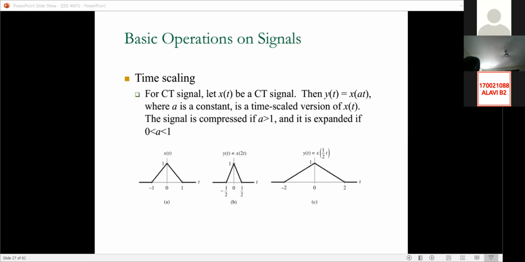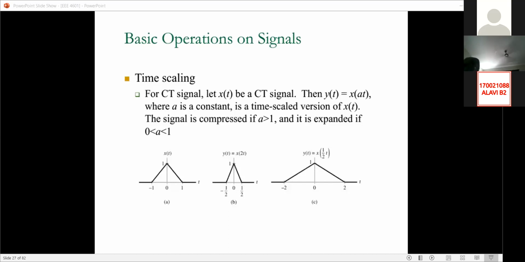The operation on x(t) has two perspectives. One, its amplitude can be scaled. Amplitude scaling means a multiplication type operation. Or it can be integrated, or differentiated. But we have another category, called operation on the independent variable.